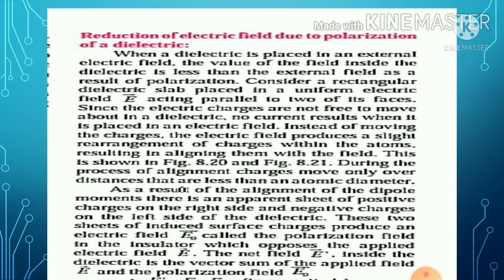So this is the isolation of the charges.